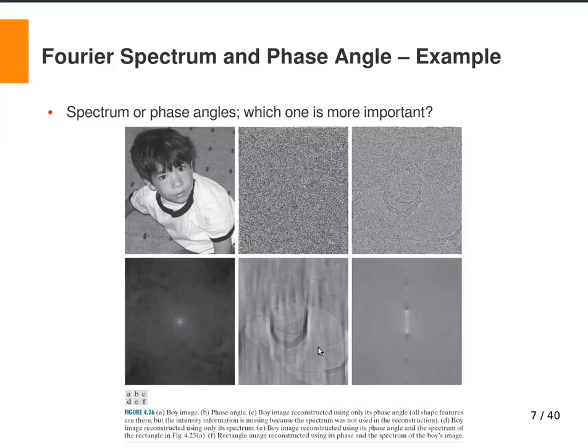But still, since we are using the phase angle information of the boy image, we can get a much better reconstruction, even though the Fourier spectrum is from another image. And this one is the rectangle image reconstructed using its own phase angle, but with the spectrum of the boy's image. Again, you see the vertical rectangle very good, even though it's not 100% perfect, but the shape information is mostly preserved.